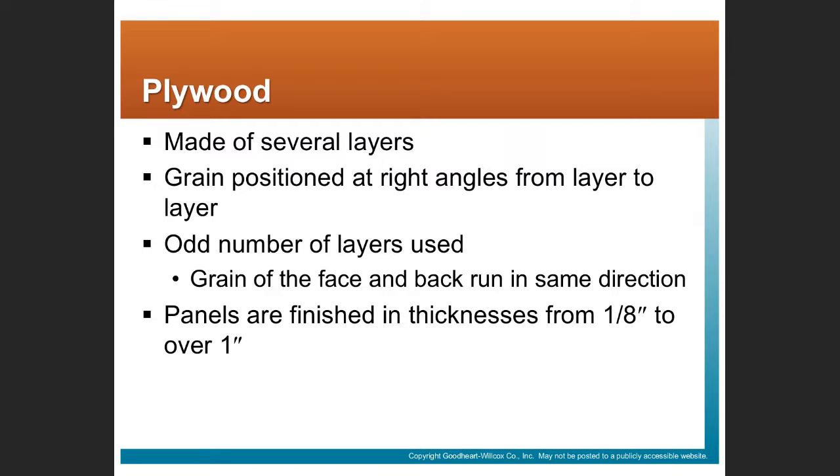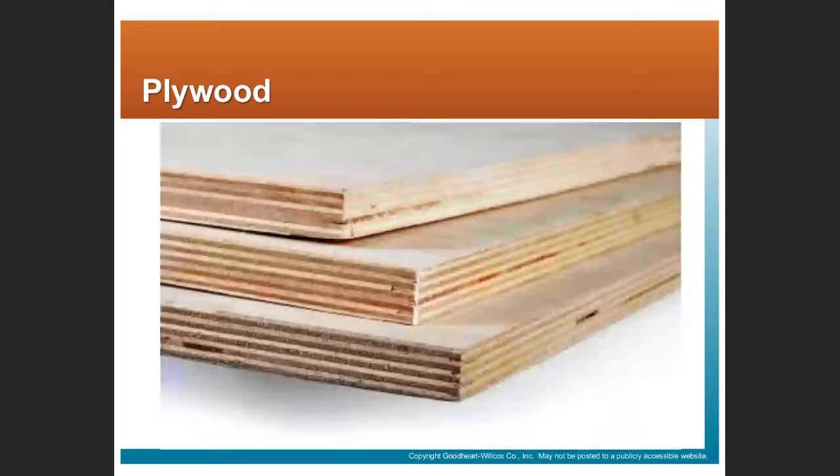Odd number of layers, so the grains on the front and back are running in the same direction. And thicknesses from 1/8 inch to 1 inch or more. Right, here's a picture of the edge or the side of plywood. You can see the different layers if you look carefully at the edge.